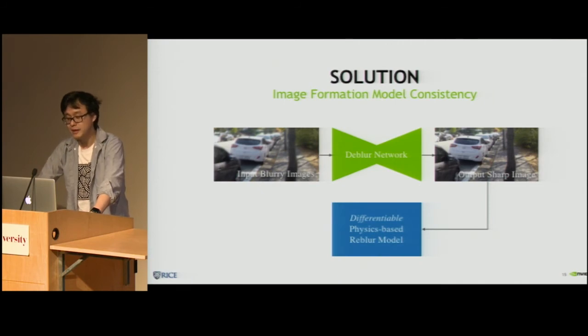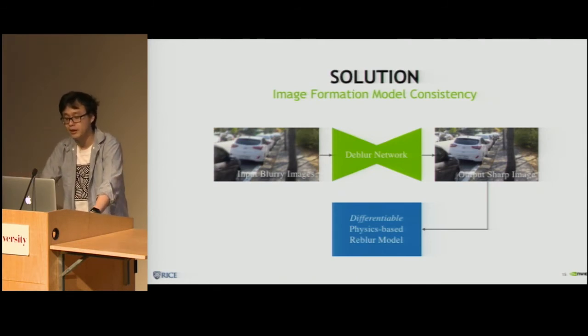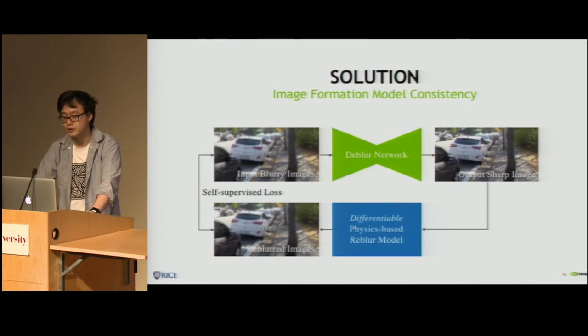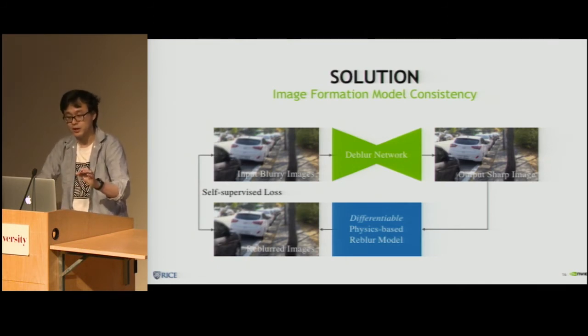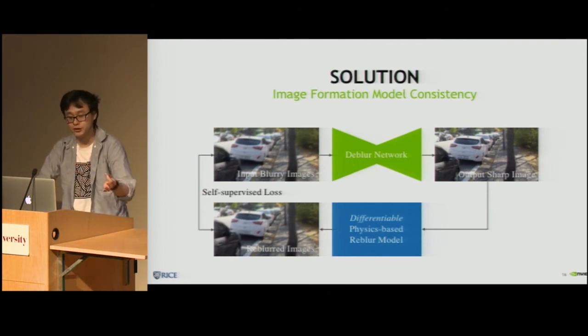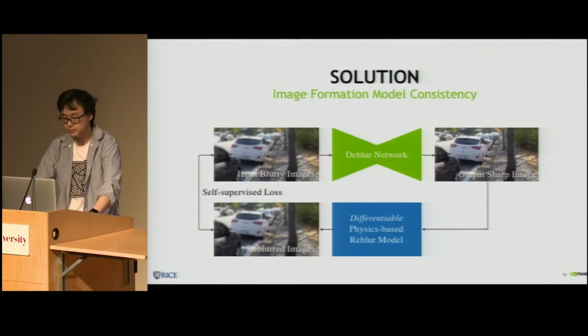So at a high level, the main idea of the proposed framework is that on top of the deep learning-based deblur network, we propose a new consistency requirement that's based on the physical image formation model. Such an image formation model will reblur the output deblurred image. If the output deblurred image is close to the latent sharp image, then the reblurred output from this model should be close to the original input blurry image.